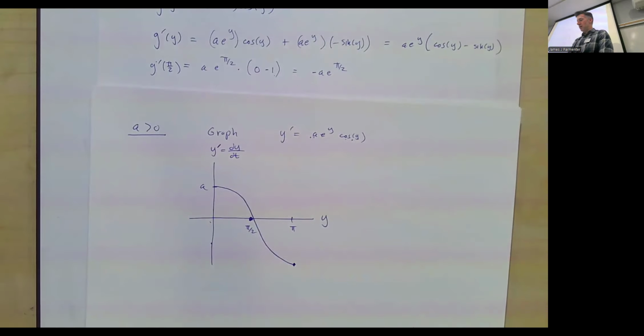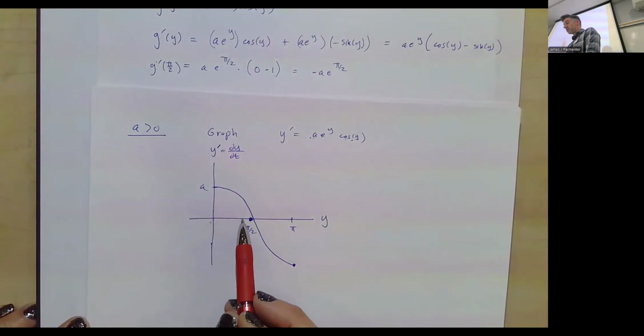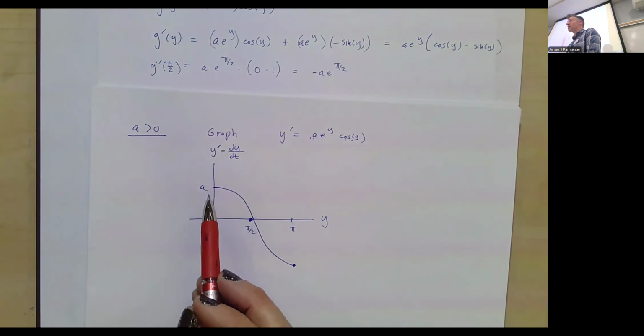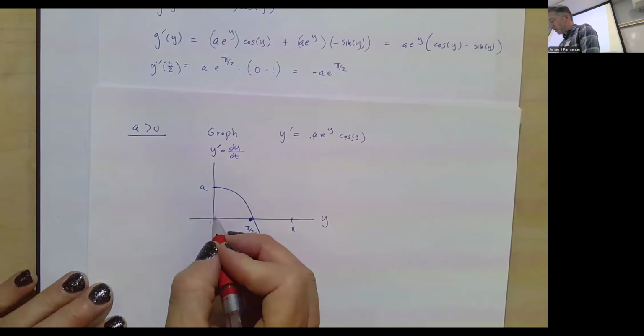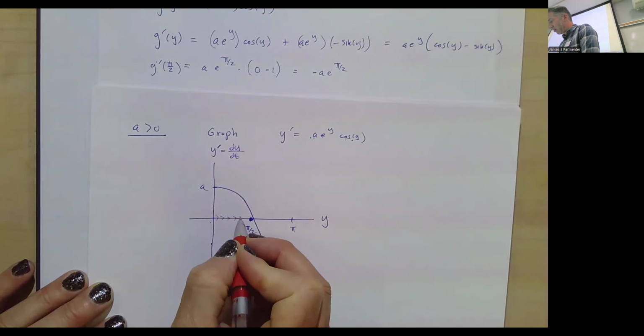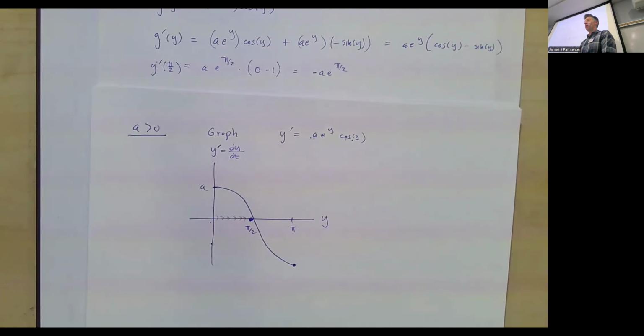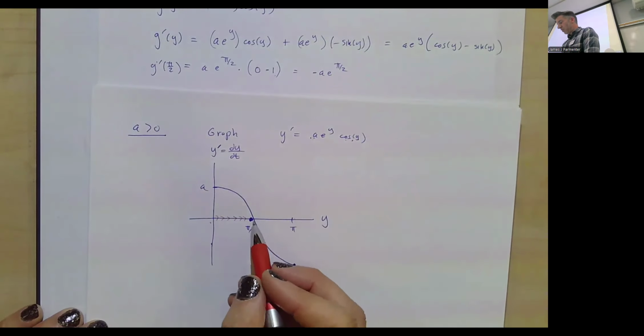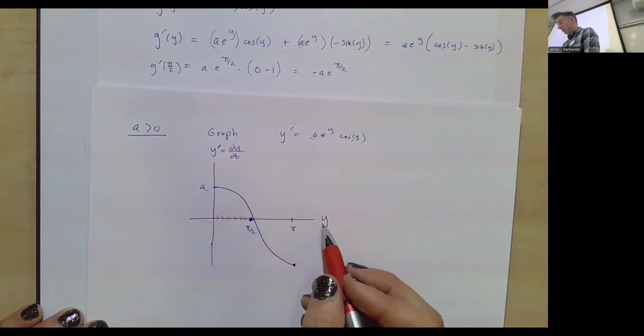So what that means is that if y were between 0 and pi over 2, y would have to be increasing because the derivative is positive over here. So if we're over here, y is getting bigger and bigger. On the other side, if y is between pi over 2 and pi, then the derivative is negative, right? It's below the axis here.